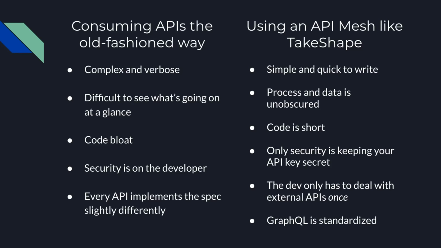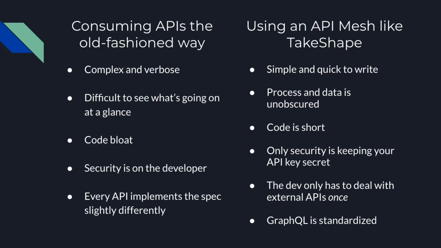But with API mesh, you're kind of giving it a middleman, someone to do all of the work for you in terms of type validation, in terms of pushing all of this content and data together without everything exploding. That's something that I really appreciated, because, like I said, I really hate security. Now I don't have to worry about it.